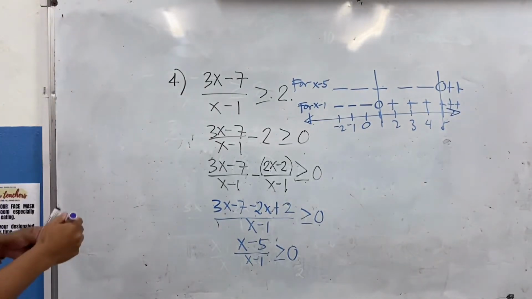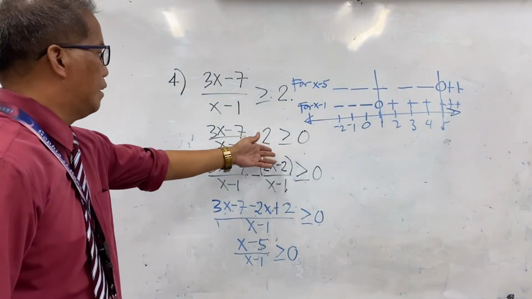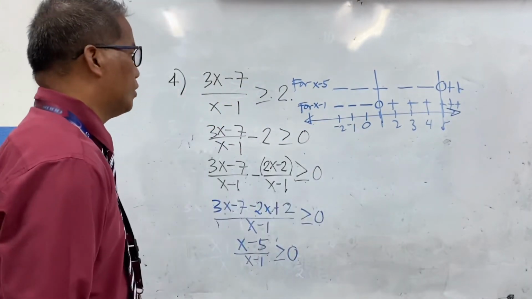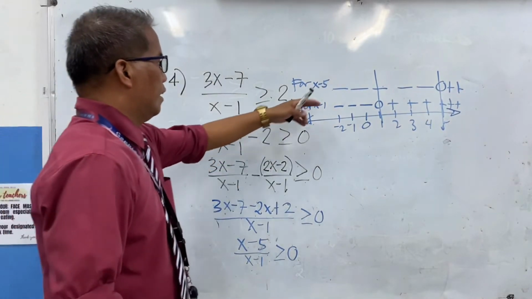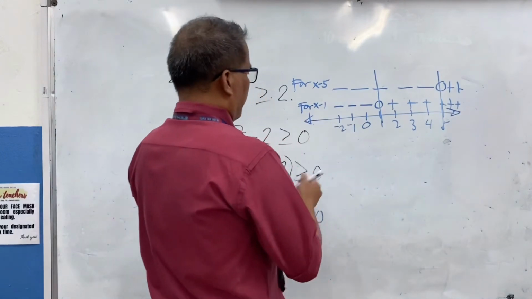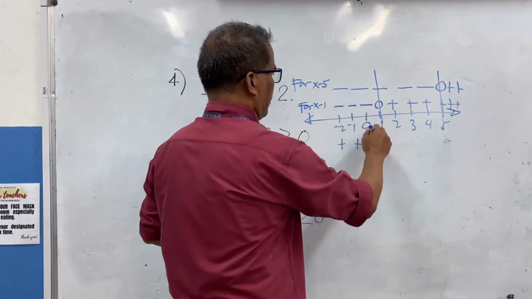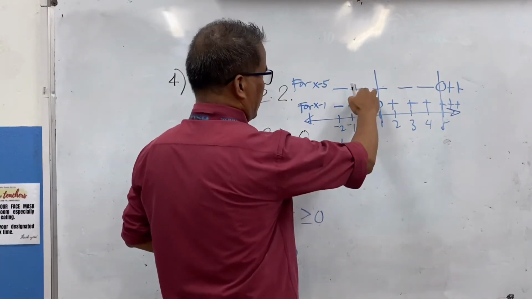Now, look at the inequality, so greater than or equal. But here, it's written in a rational expression. So if we divide negative divided by negative, the answer will be positive. The same with here, positive. Or 1 divided by 0 is undefined here because this is 0.